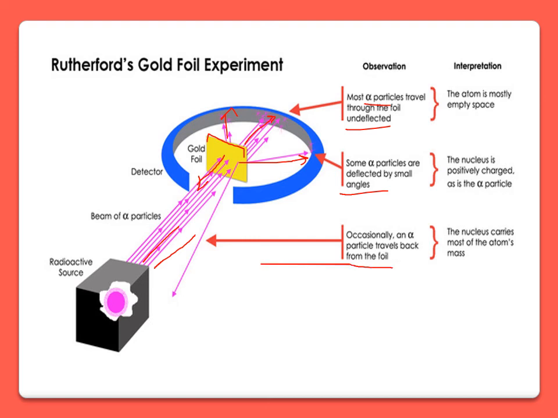So these were the observations. And what was the interpretation made by Rutherford? It was that the atom is mostly empty space. The nucleus is positively charged. Okay. And the nucleus carries most of the atom's mass. So these three features were there in the Rutherford atomic model.